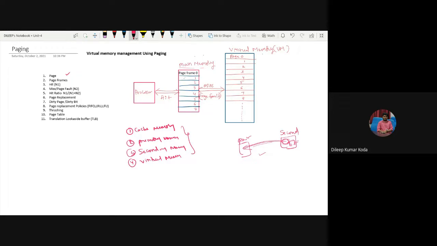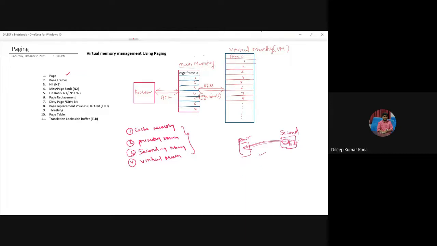Obviously pages and page frames are small in size. When it comes to virtual memory, the virtual memory is also divided into equal size blocks. Each block in your virtual memory is called a page.